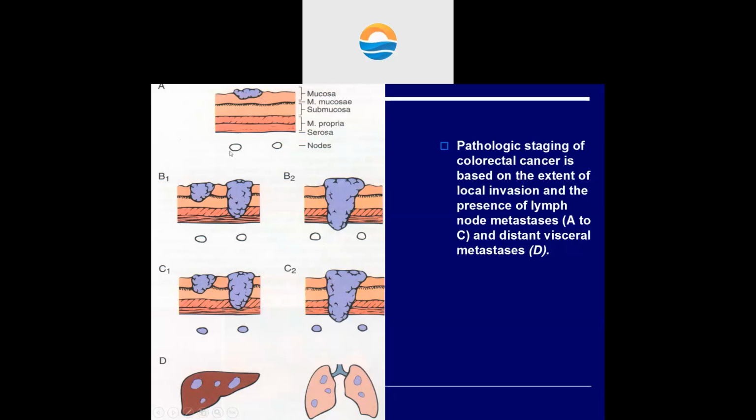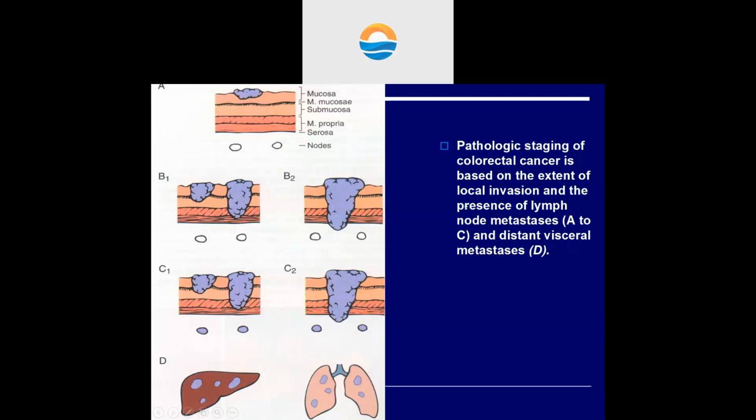We see no metastasis to lymph nodes. Then in stage B, you see the growth through the epithelial layer, and then other layers beneath the epithelium, through the connective tissue, but within the wall of the organ, for example, the rectum.